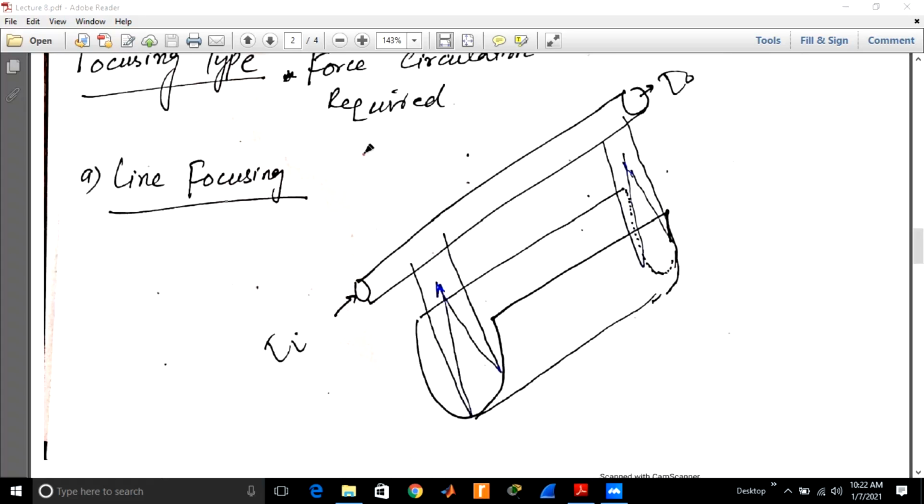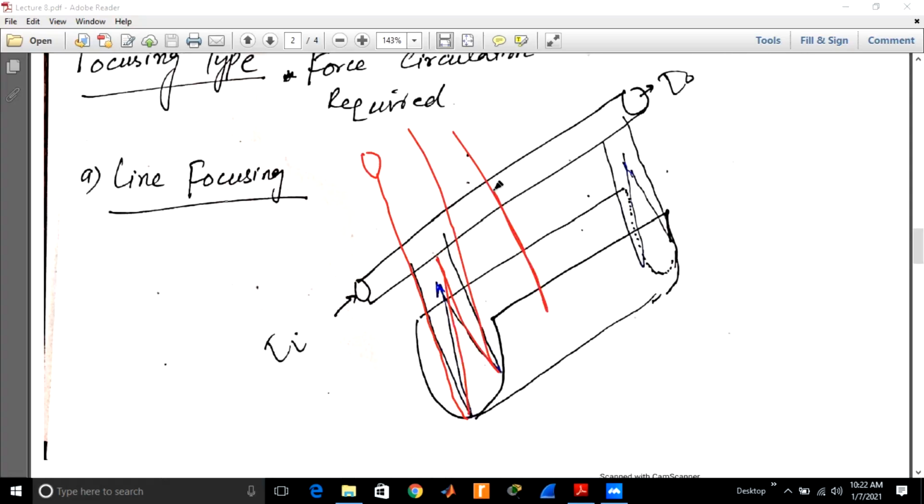For example, this is the sun. So the sun rays will come here, and they will be reflected. Some of them will fall directly, but some of them will come here, and they will focus to this point. Some of them will fall here, and they will be focused.